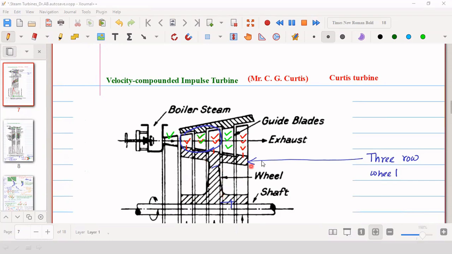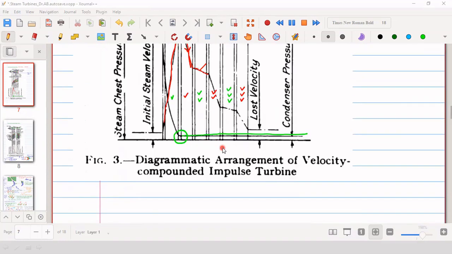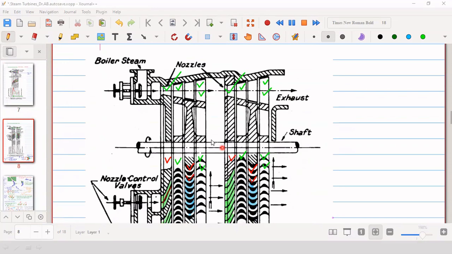You can have two-row wheels also, as we have discussed, and a two-row wheel is more efficient than a three-row wheel. Therefore, two-row wheels are in general used.